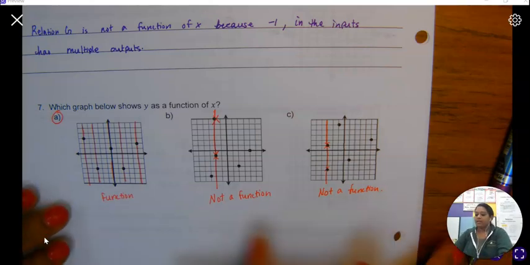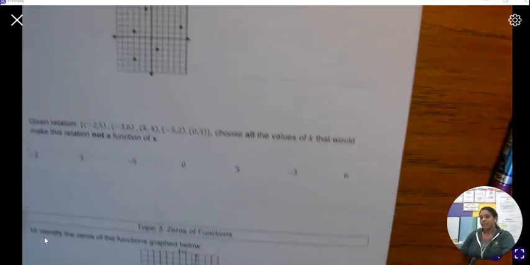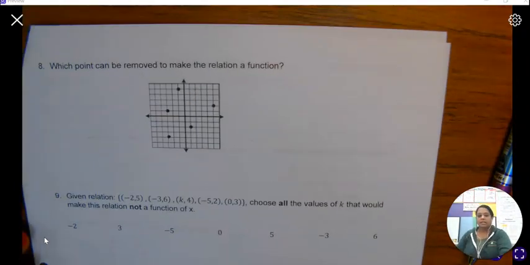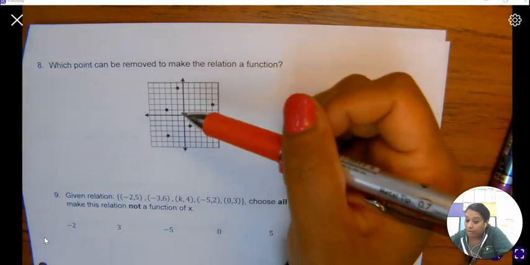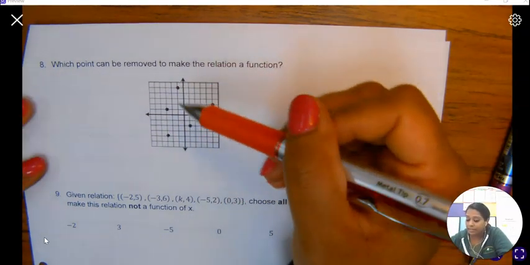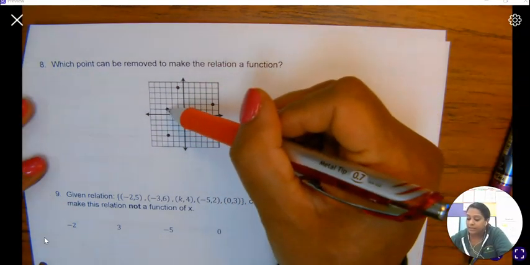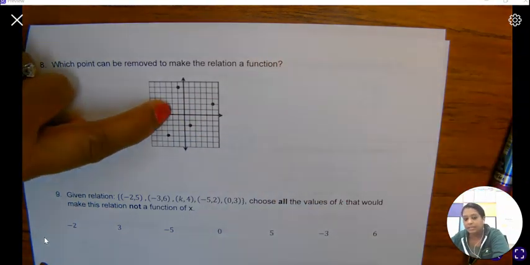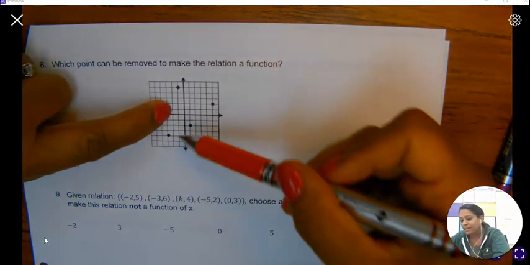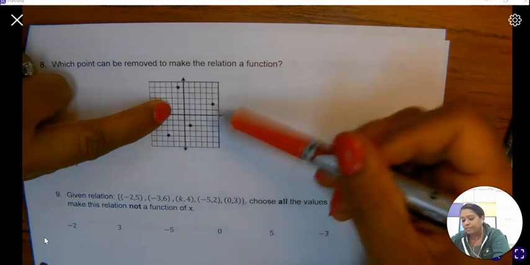Okay. All right. A few more questions dealing with functions. This question right here is an interesting question. It says, which point can be removed to make the relation a function? You know that the problem with this not being a function is these 2 points. If I didn't have this point, I'm going to cover it up, then it would be a function.